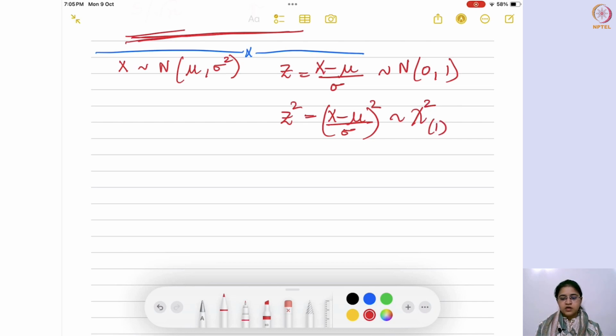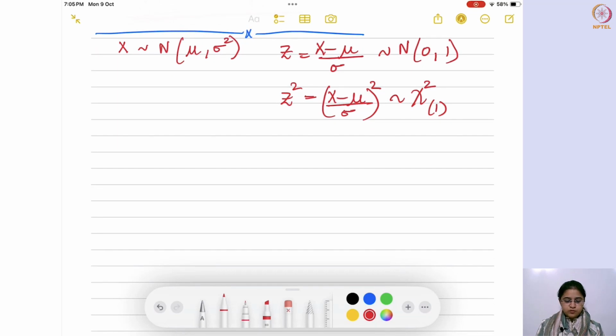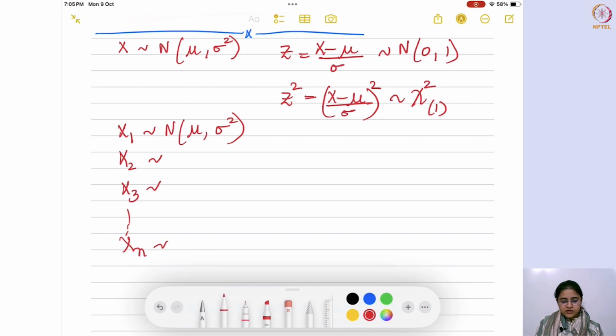Okay? However, if you suppose that you have n such random variables such that x1 follows normal with mean mu and sigma square, x2 also follows the same distribution, likewise x3, and so on up till xn, right? Now for each of these you can standardize this.